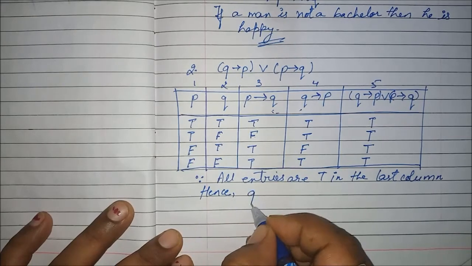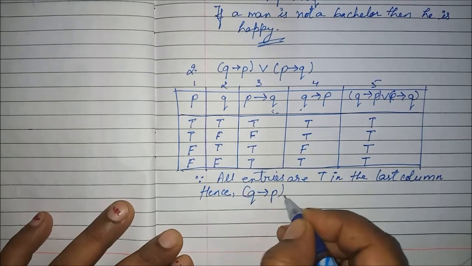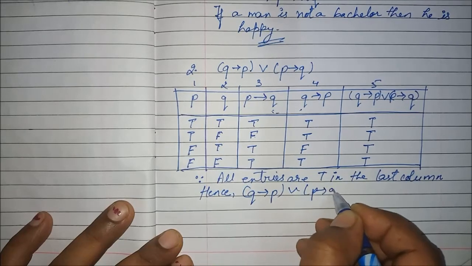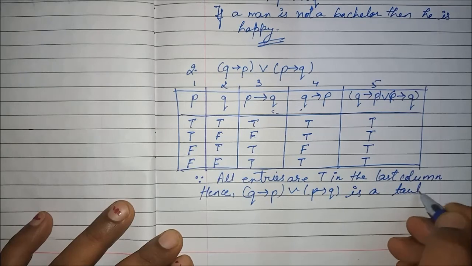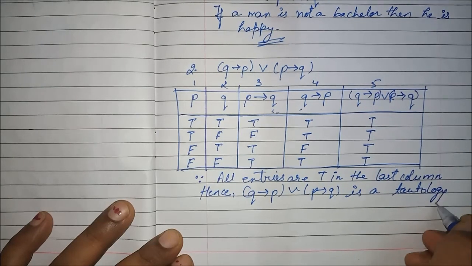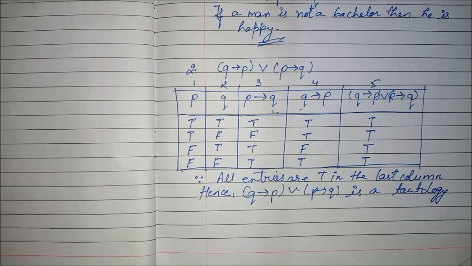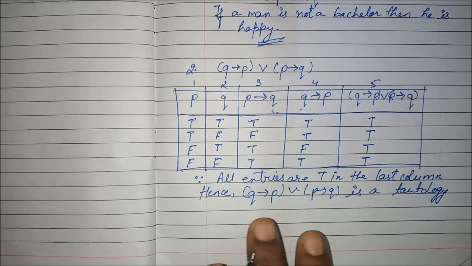Hence, Q implies P or P implies Q is a tautology. Okay, clear? So in this way you have to solve this type of questions.